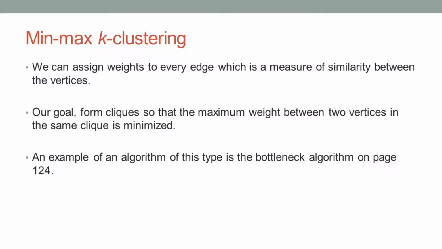Why would you minimize them? Well, in the case of a protein graph, you would be minimizing the distance between every pair of vertices. So this is an example of where the number of cliques is taking priority, and then you can find a fixed number of clusters with a constraint that they have a minimum weight within each.